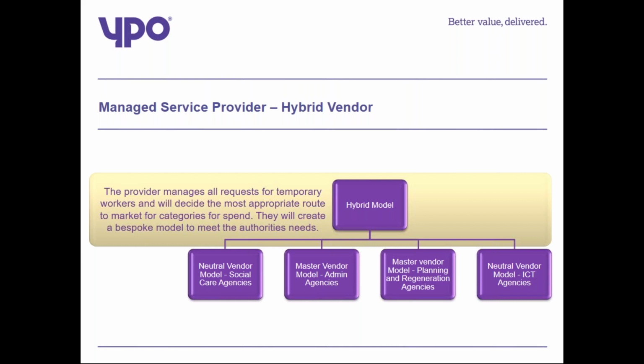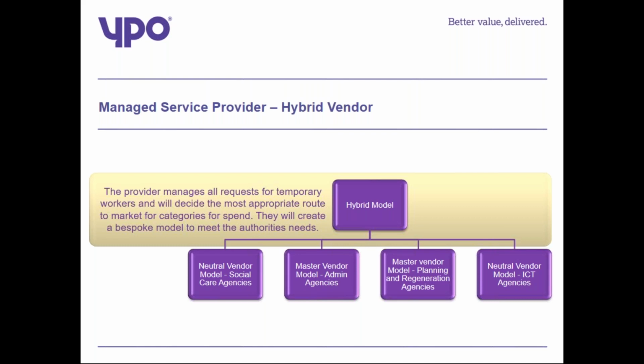When speaking to a high volume of providers, it's likely that quite a lot of the traditional master vendor and neutral vendor models have evolved over time into what is in effect a hybrid model. So even though it's not being officially classified by either you or the provider, a lot of the feedback we're getting is that we've probably started to evolve into a hybrid model already for a lot of our customers.